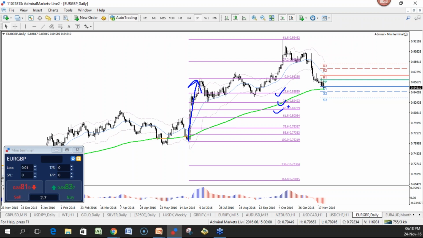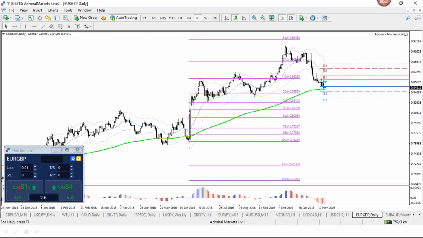Those are levels where price could stop, right? Now on this particular time frame, we don't see price respecting the 23.6 fib, but we do see price respecting the 38.2 fib. But if we would zoom into the hourly chart, there could be that price stopped at this level, paused there for 2 hours, and continued. Maybe not, right?